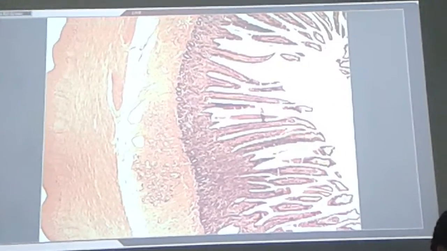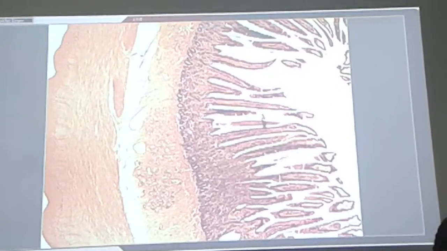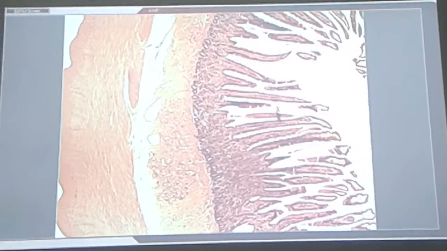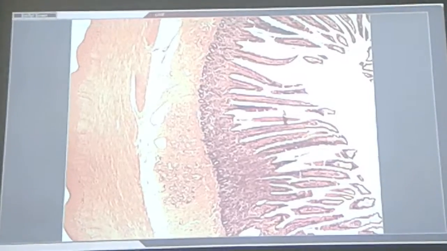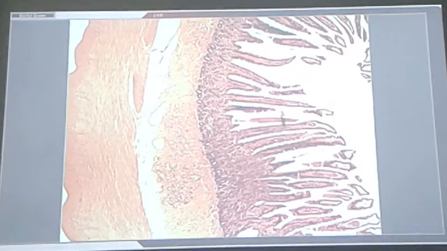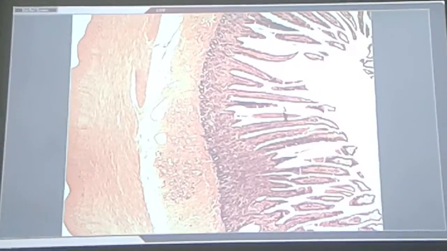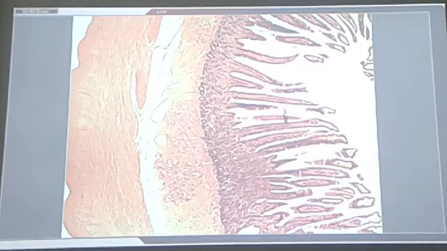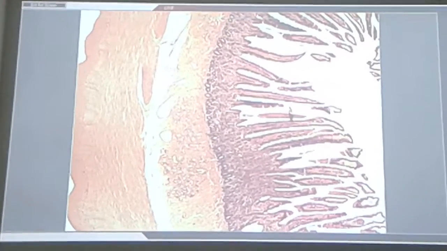This is the mucosa. And beneath the mucosa, when I magnify the image, you will see the muscularis mucosa layer. This area where I'm showing with the arrow is the submucosa, and this is the muscularis externa layer.